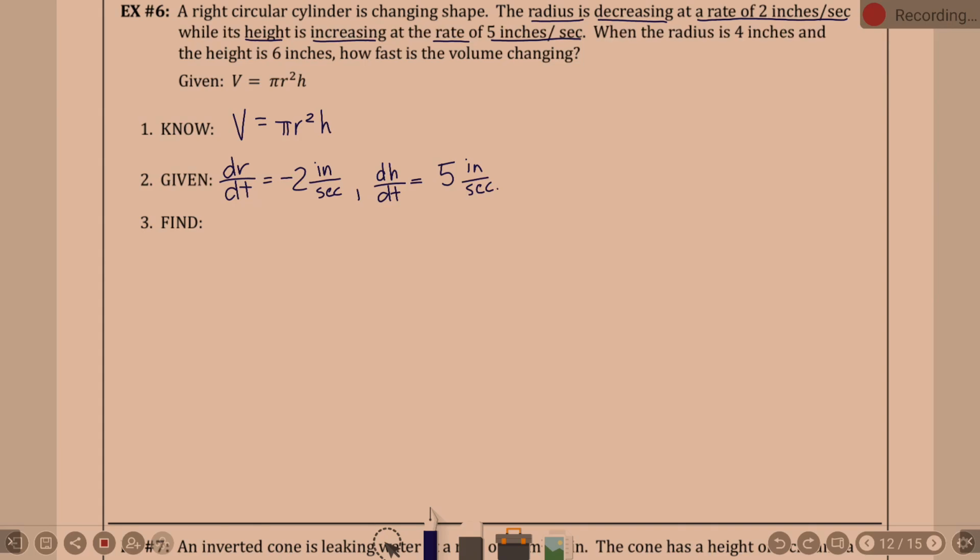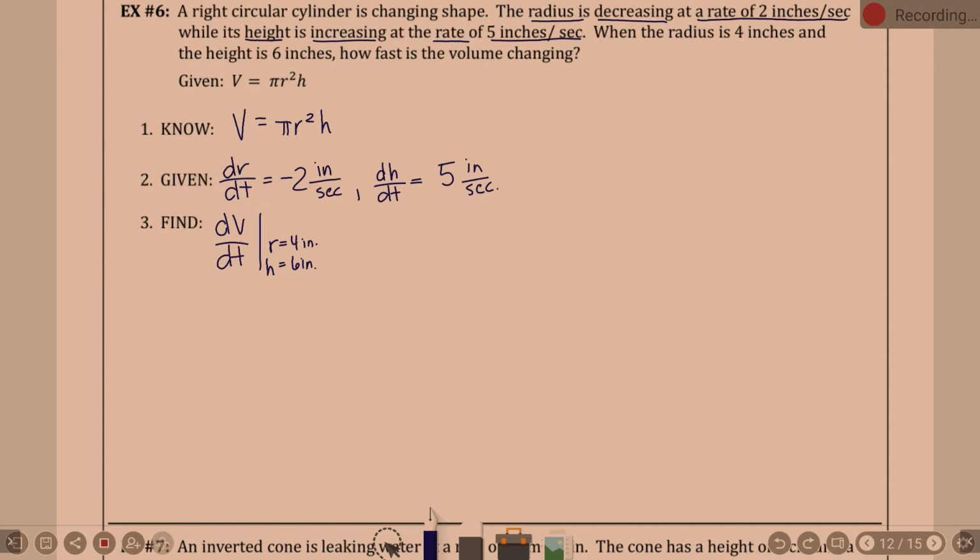When the radius is 4 and the height is 6, how fast is the volume changing? So r equals 4 and h equals 6. What is it we're trying to find? dV/dt, because the question was, how fast is the volume changing?